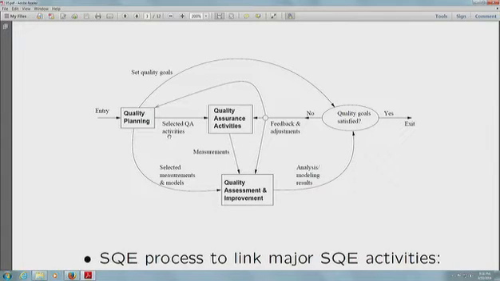Then you need some monitoring strategy, because you need to monitor the progress and make sure that you are done. So you need some kind of measurement models, and the measurement and models will be used as you go on with your quality assurance activities. Say, for example, reliability is a goal. You need to collect data and ask, what's the reliability now?